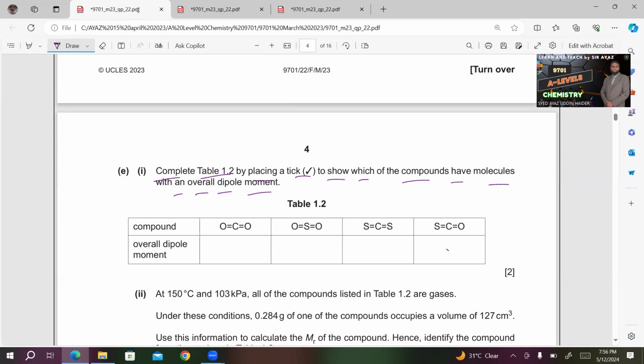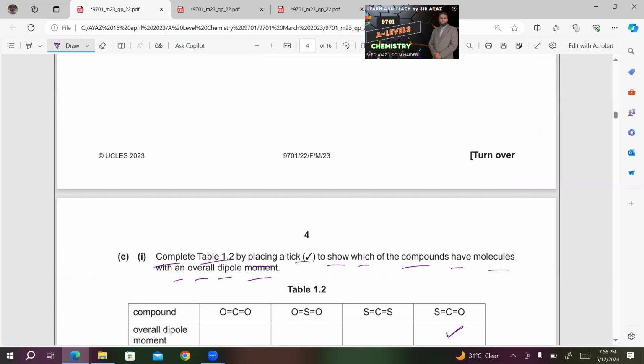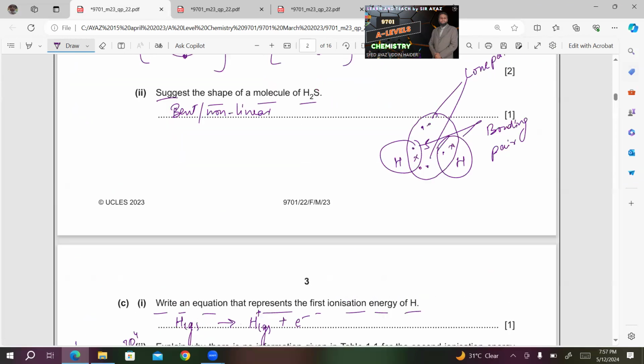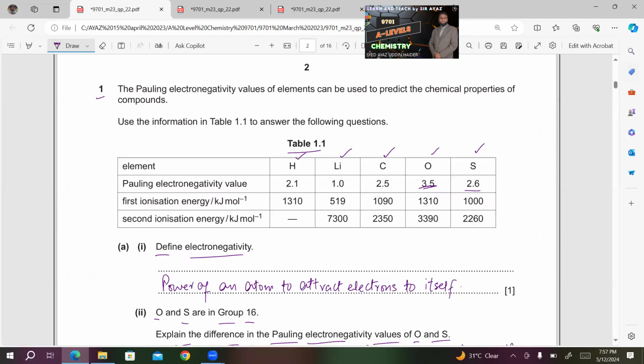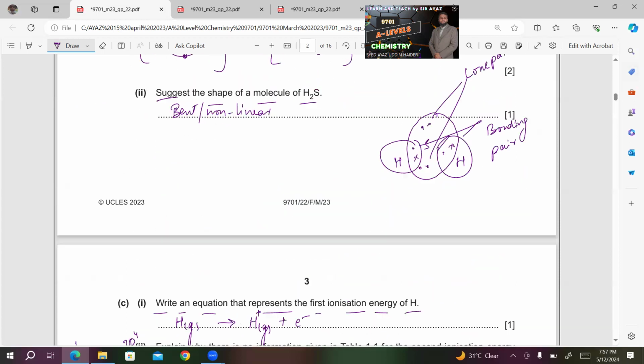That's for sure. It must be having a dipole if you look at the position of these. Look at the electronegativity value. SCO, so oxygen must be the most electronegative, so there must be a dipole. What about CO2? CO2 dipole must be cancelling out.